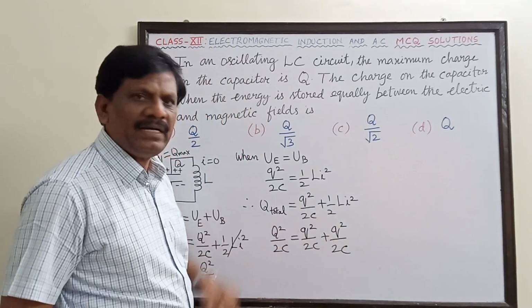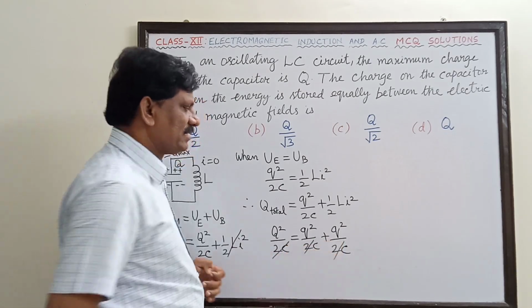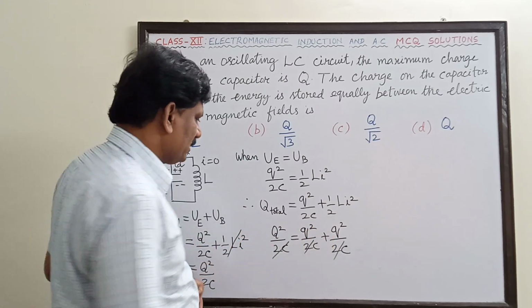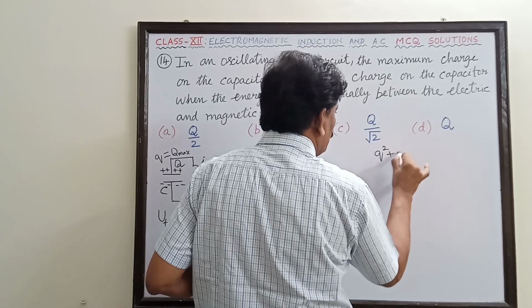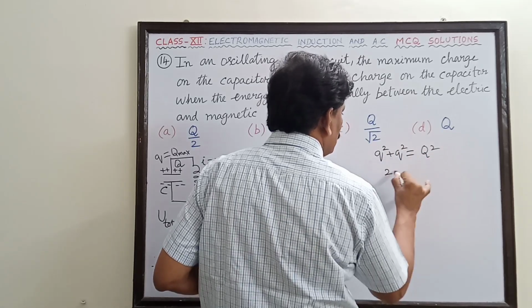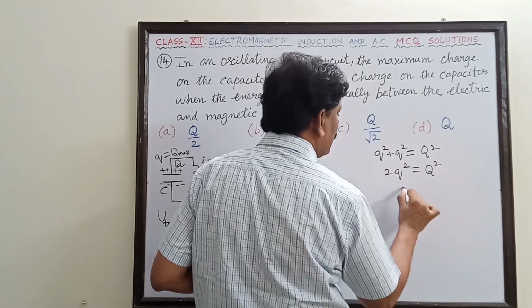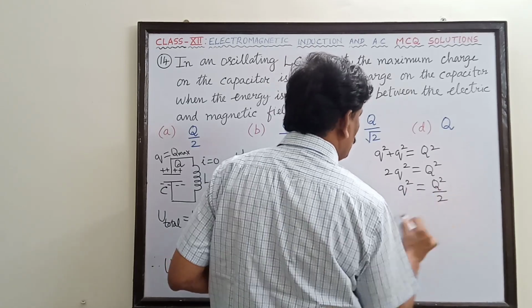So the denominator 2C is common on both sides, so let us cancel this. Then q square plus q square is equal to capital Q square. So 2q square is equal to capital Q square, and q square is equal to capital Q square by 2.